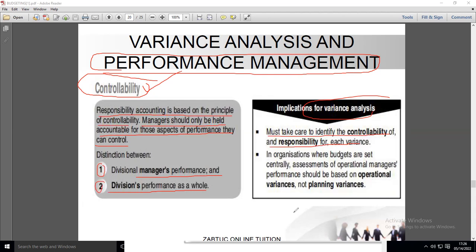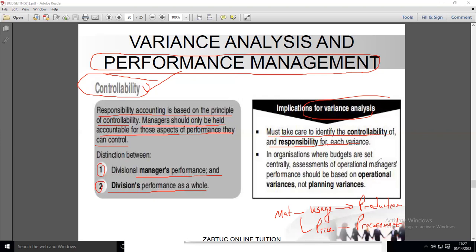So already, for instance, we have seen that when we took our material variance, and nicely analyzed in terms of usage and price, we noted that this is the production people, and this is the procurement people. That's what we're talking about.